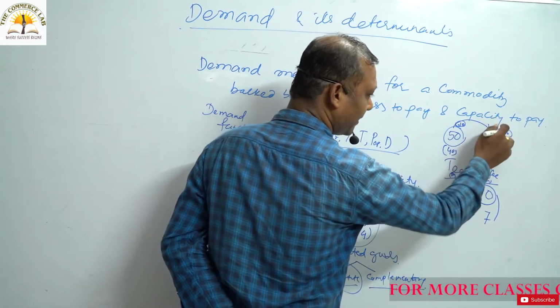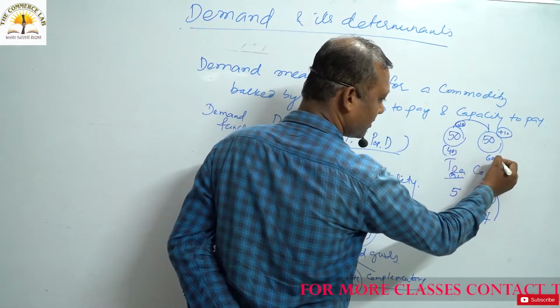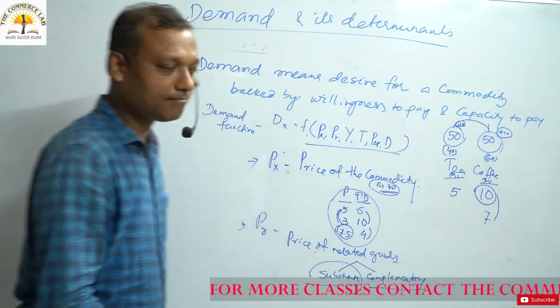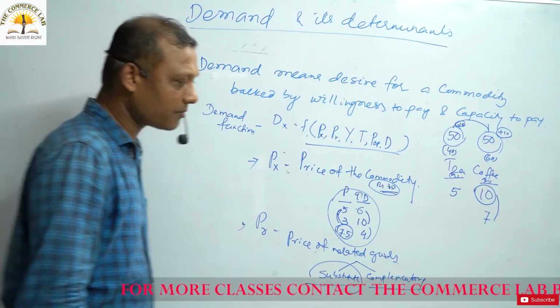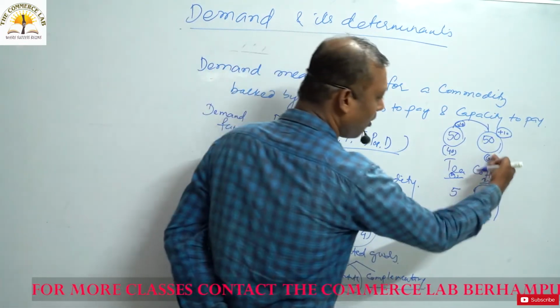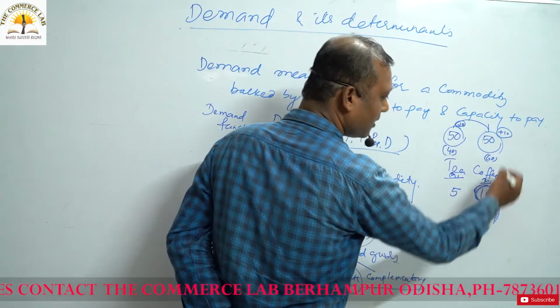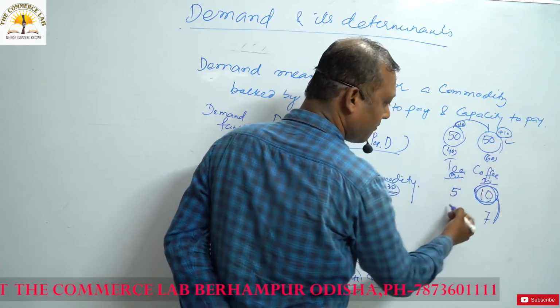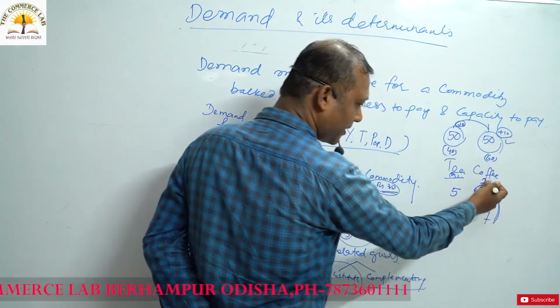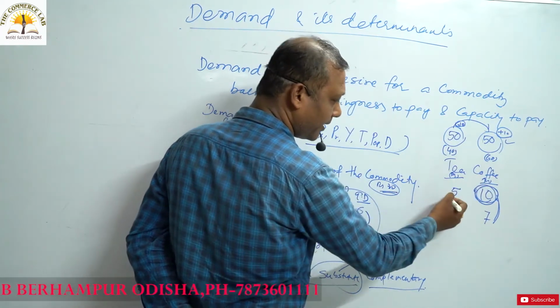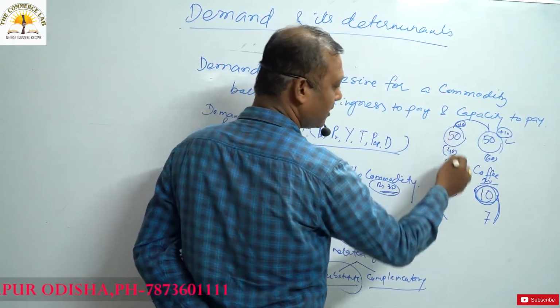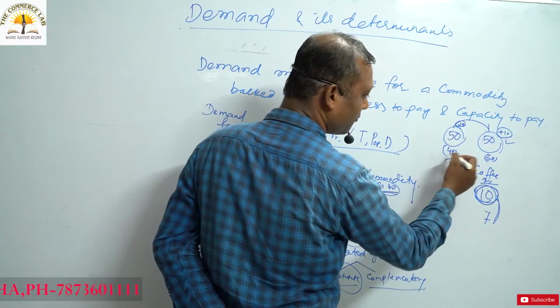When you add 10 in the coffee group, it becomes 60. So we have seen, when the price of a substitute good falls, its demand rises, but for the other substitute, the quantity of tea falls to 40.